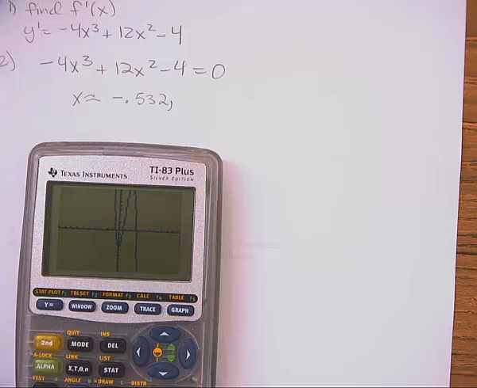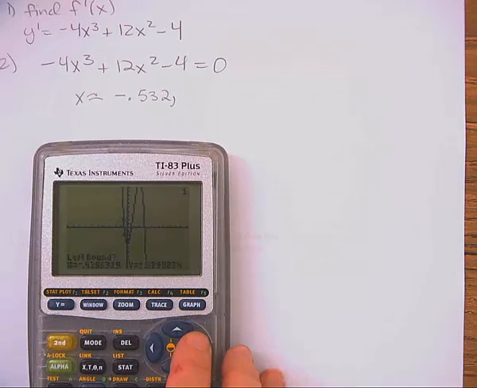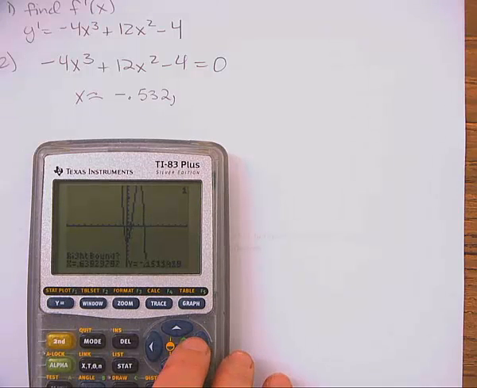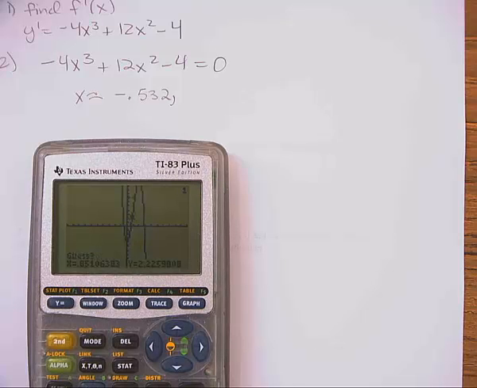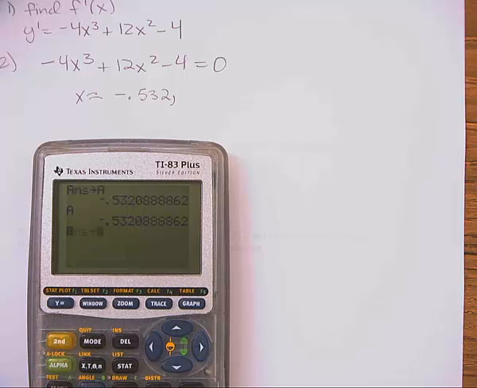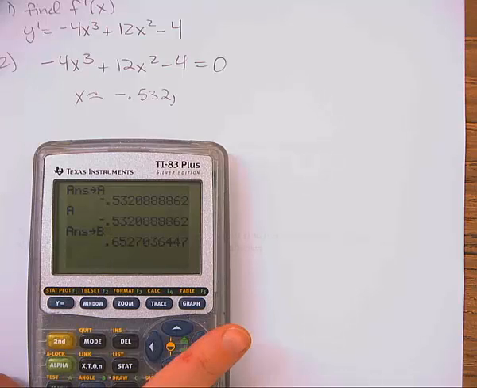So I'll go back to the graph. I'll hit second calc 0. Go to the left of the second root, then to the right of the second root, enter, and then before I do anything, don't clear anything, just second quit, I'll store this one as alpha B. And so that's my second root.